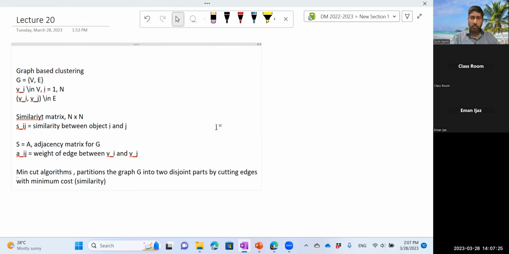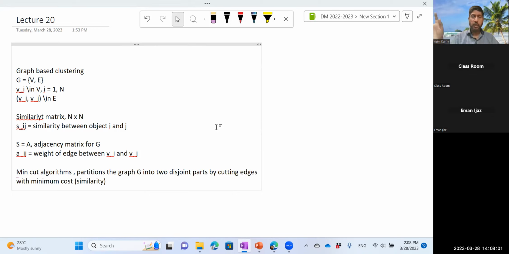So remember, each edge represents the similarity between two nodes, and the weight of that edge is the similarity. So if the similarity is low, it means that those two objects are not very close together or they're dissimilar, they're not proximal. So that's a good point to cut. So if we cut a graph by cutting all those edges whose sum is a minimum, then we get a min cut algorithm. This algorithm can be applied to split a graph into two.